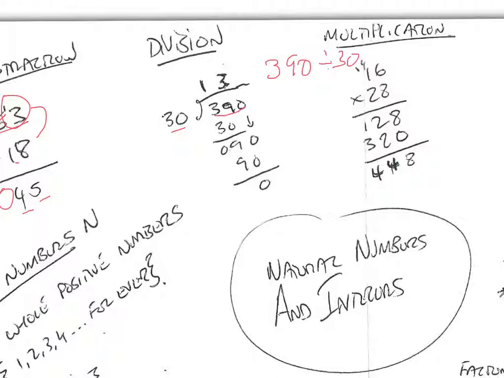Let's begin by saying, well, 30 into 3 won't go. 30 into 39 goes once. 1 times 0 is 0, 1 times 3 is 3, or 1 times 30 is 30. 39 minus 30 gives us 9, and we bring down our 0 from here, and we say 30 into 90 goes 3 times, and 3 times 90 is 90. 90 take away 90 gives us 0, and this is where the division problem stops. 30 goes into 390 13 times.